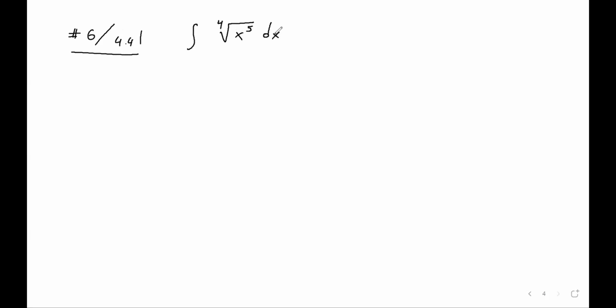Well, here we go. First of all, before you do this problem, as we did with all the antiderivatives, you want to rewrite the 4th root of x to the 5th as x to the 5/4 dx.